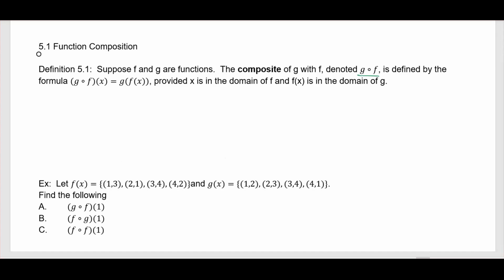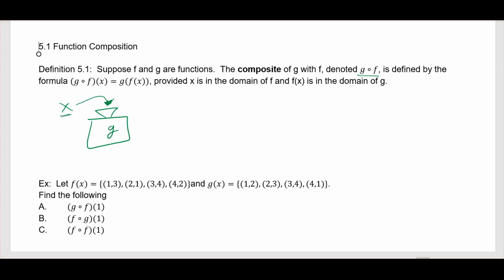G composed with f of x is going to be equal to, well, we're just going to put the function f inside the function g, wherever we see x in g. Okay, so let's look at a little picture here. When we started talking about functions, we talked about a little function machine, right?